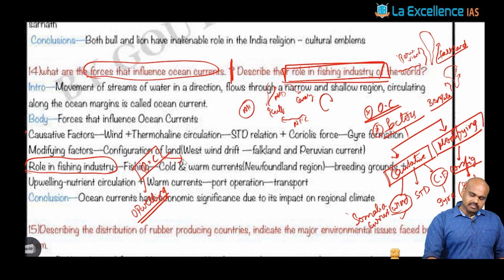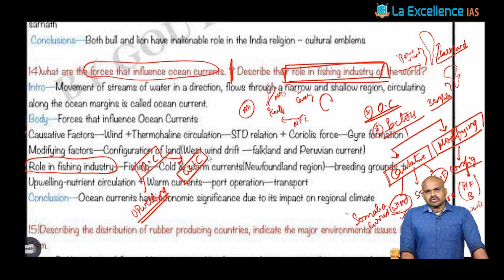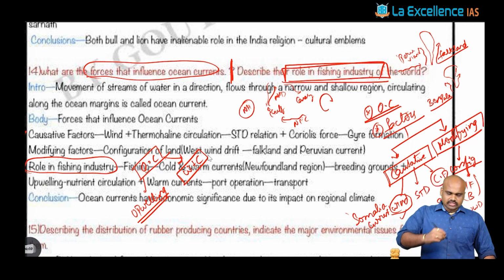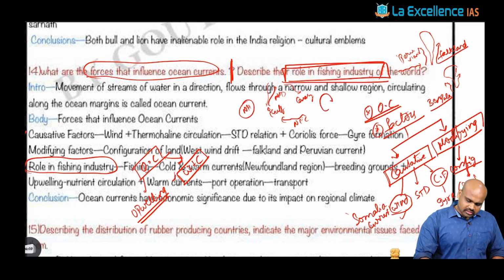The second aspect that can be seen with respect to oceanic currents, my dear, is the mixing of warm and cold currents. This is the second dimension that can be discussed here. And when you look at the mixing of warm plus cold currents, what you would come across is that again this becomes a nourishing region for the fishing industry. For example, Newfoundland.